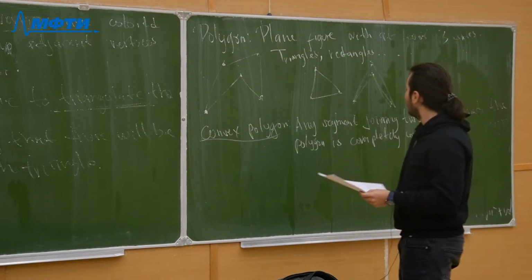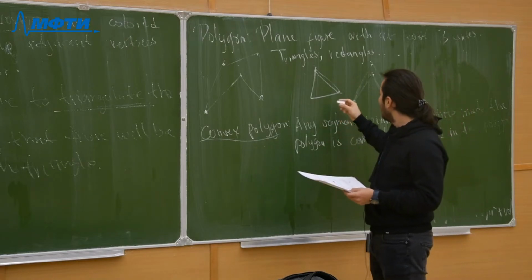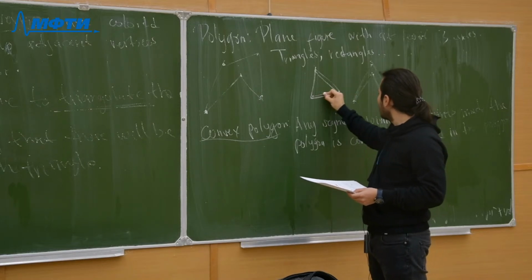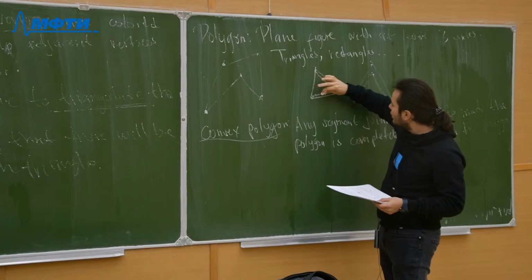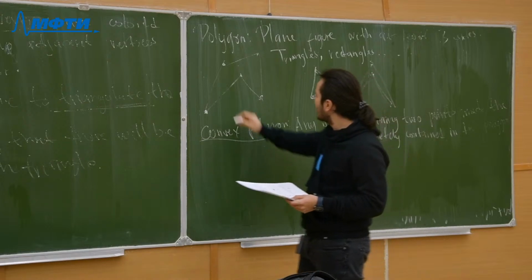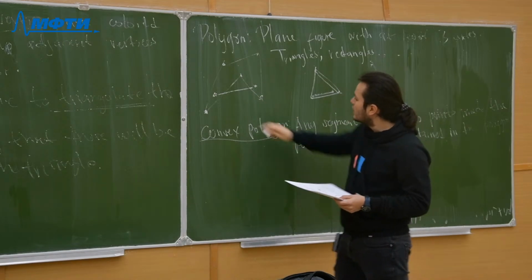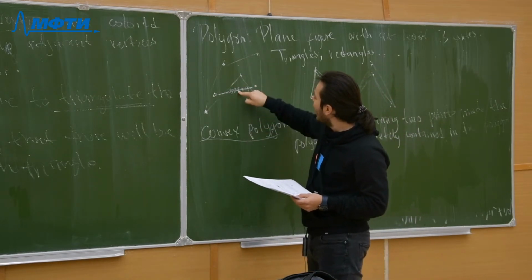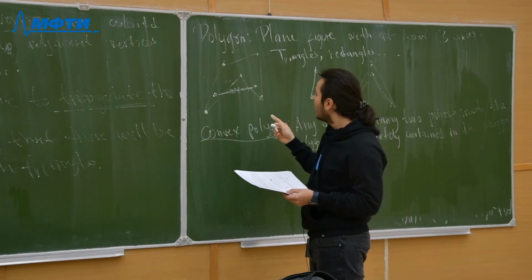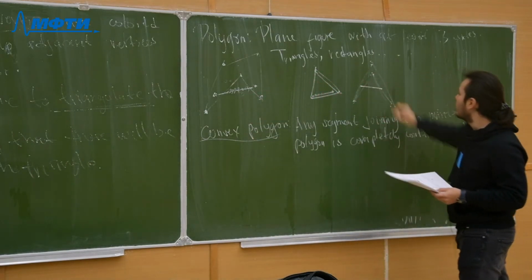So if we have this triangle, for example, this polygon, and we take any 2 points inside this polygon, and we draw a line between them, then all the points on this line must be inside the polygon itself. So what if, for example, we take a point from here and a point from here? If we draw a line, then we see that there are some points that are not inside the polygon. It means that this is not a convex polygon, okay? And this is not a convex polygon as well.